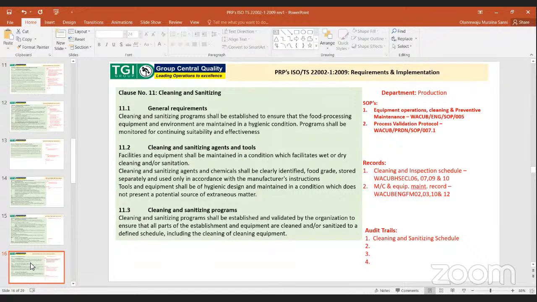That's where we have swab analysis, air monitoring, and the rest. We have a procedure in place. We have equipment operation, cleaning, and preventive maintenance by engineering. We also have process validation in the production department. Records: we have the cleaning and inspection schedule. Then we have machine maintenance records.